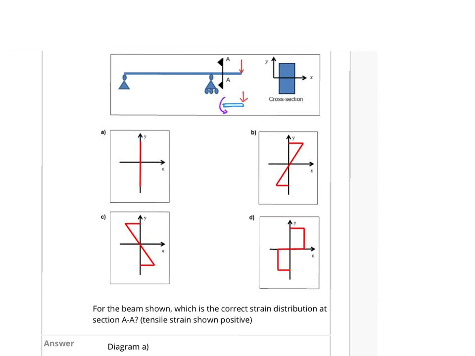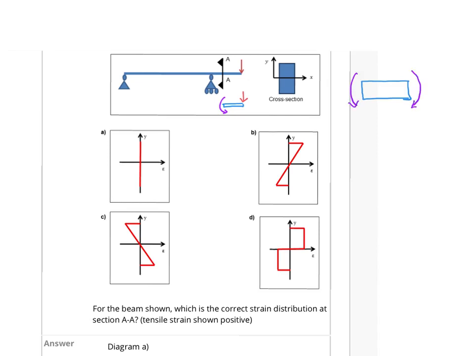This moment would be such that it resists the effect of this load. So the bending moment has to be in this direction. A bending moment like this is nothing but what we said in the previous problem is a hogging moment. So this is a hogging moment.